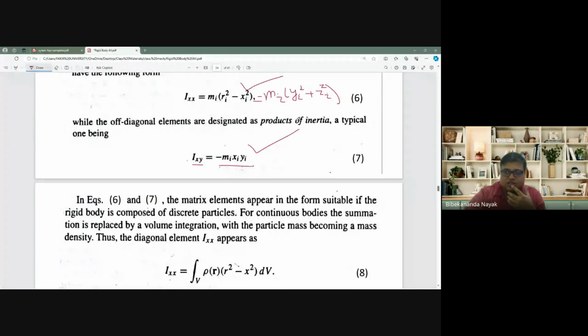If x is equal to y, both are the same, then we get m_i (y_i square plus z_i square). If both are different, then it will be minus x_i y_i.